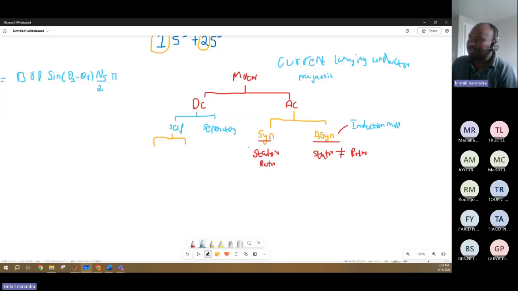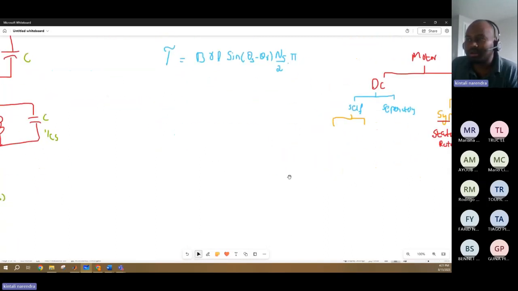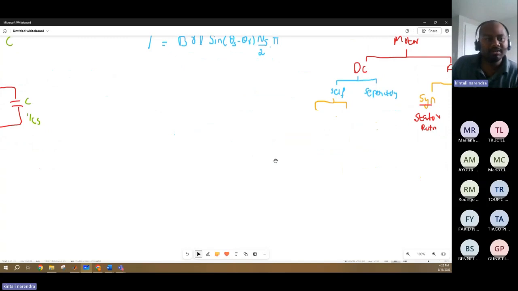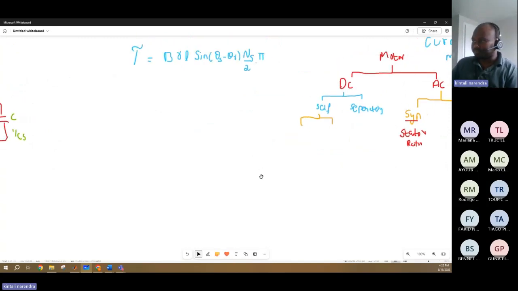Now coming to synchronous motor, we have permanent magnet synchronous motor and brushless DC motor. When you take this brushless DC motor, why do you call it that? You are saying brushless DC when you are speaking about AC motors. Why is there a contradiction?